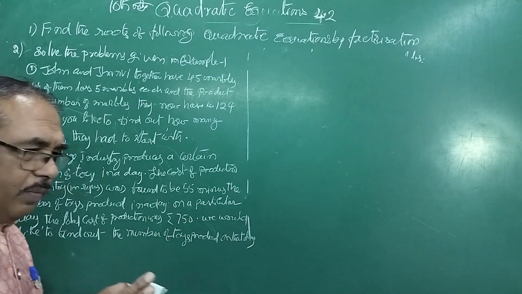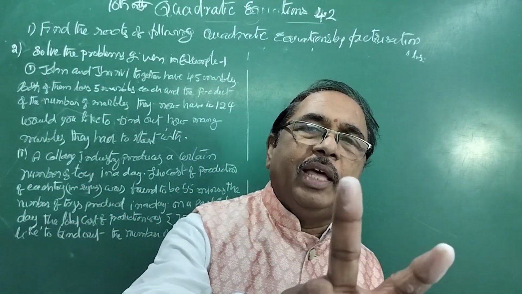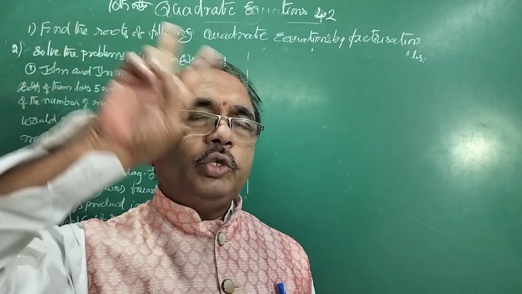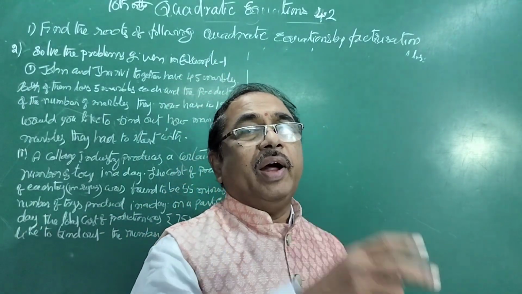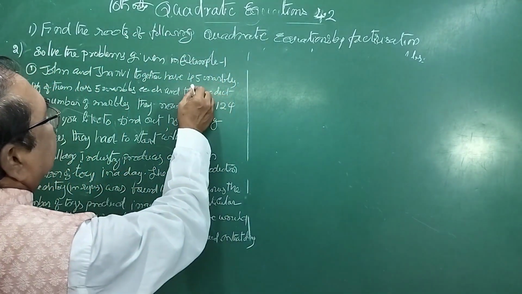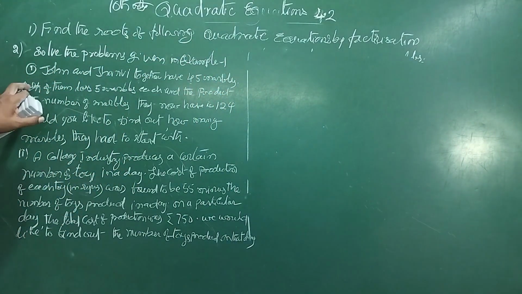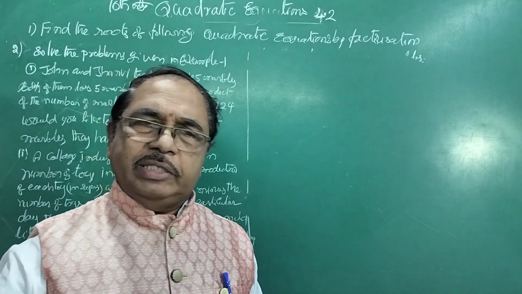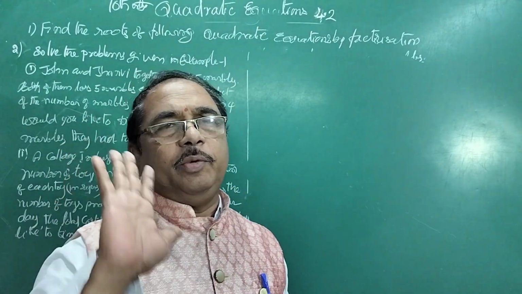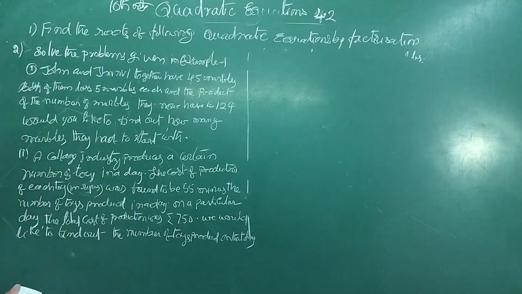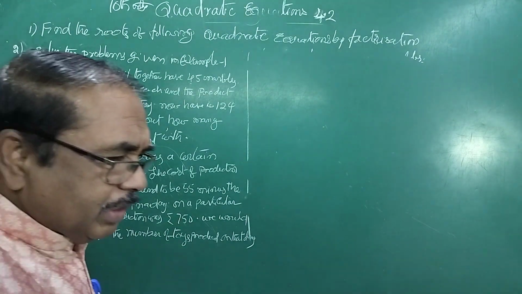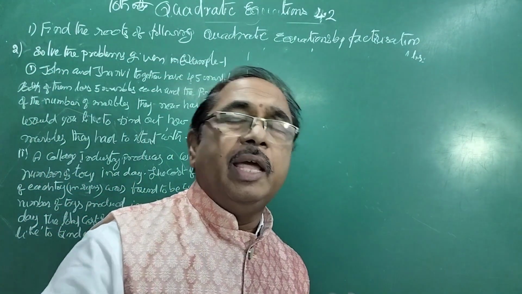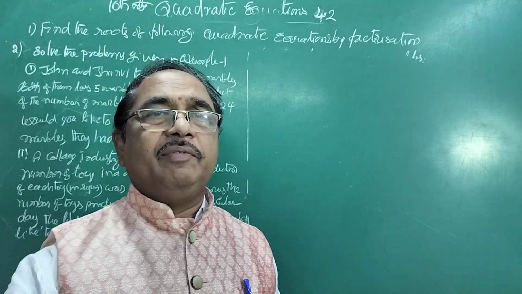What is this? First of all, let us understand. Two people are there, John and Janvi. Two people together have 45 marbles. Both of them lost 5 marbles each. John lost 5 marbles. Janvi also lost 5 marbles. Now, after losing 5 marbles, some number of marbles John has and some number of marbles Janvi has.